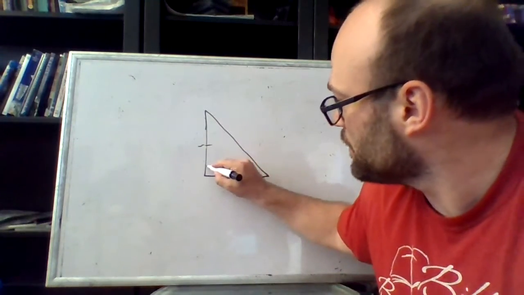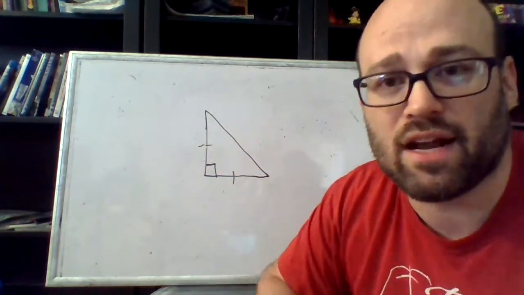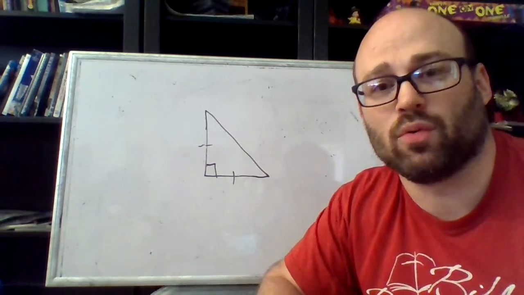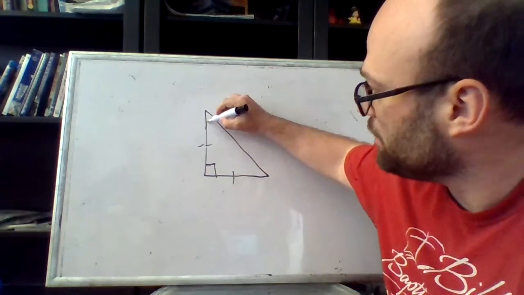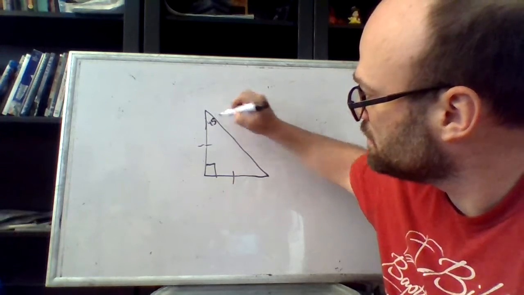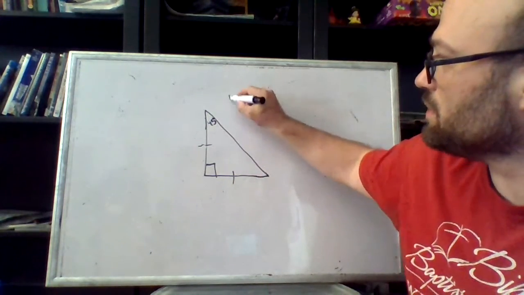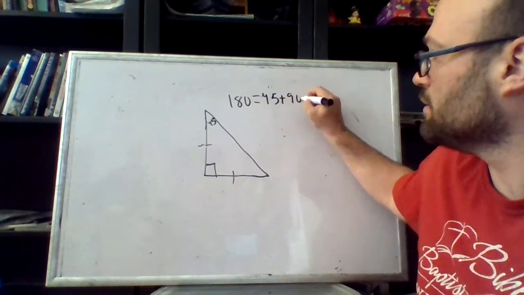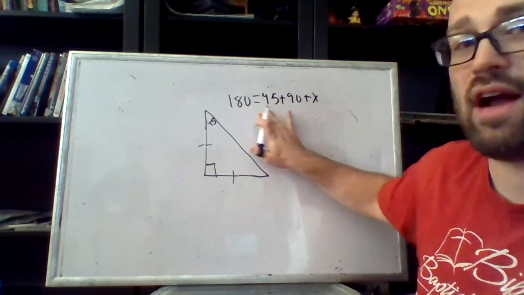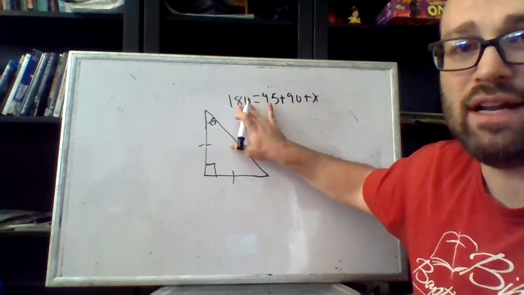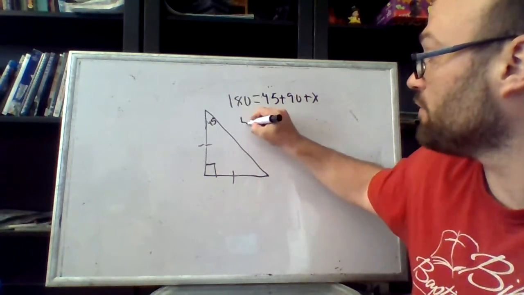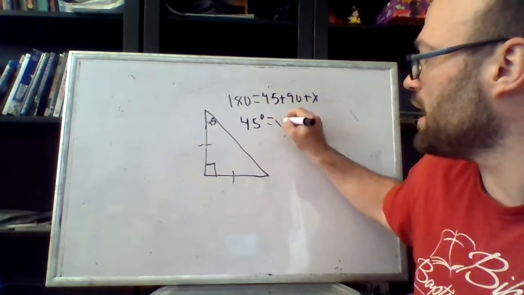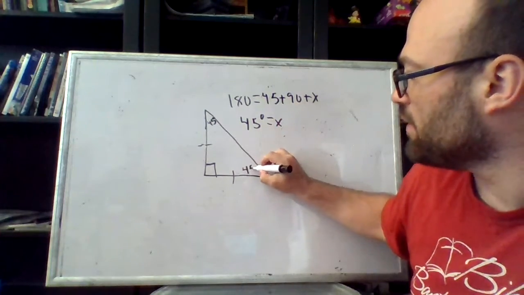Remember that the box means it is a 90-degree angle, and this is 45 degrees. We know 180 equals 45 plus 90 plus x. We subtract these from 180 and get 45 degrees equals x. So this is also 45 degrees.